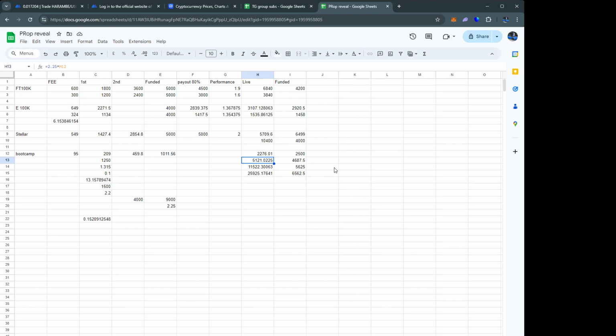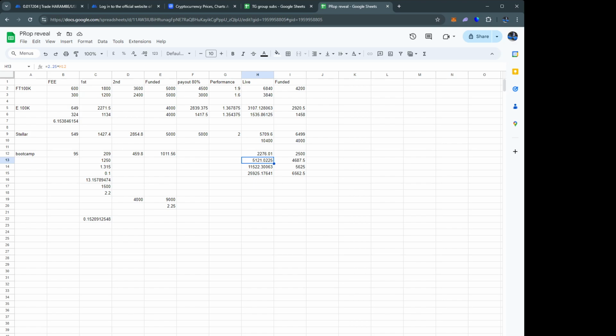In this example the numbers are in favor of the prop firm so far, because in total we are gonna have 7,000 in payouts, while in live we are gonna have 5,000.